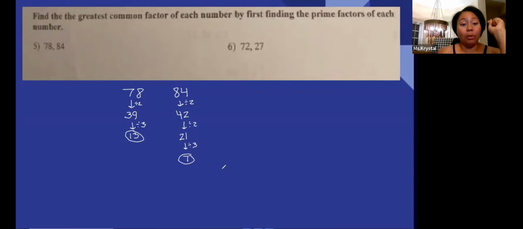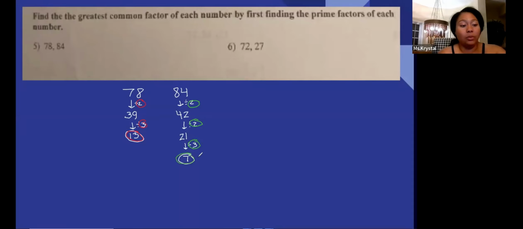So the prime factorizations that we're pulling out of this, let me change my color. For the first one, it was 2, then it was 3, then it was 13. Okay. For the next one, it was 2, then again a 2, then again a 2, and then a 3, and then a 7.